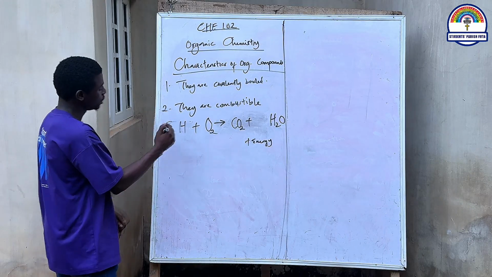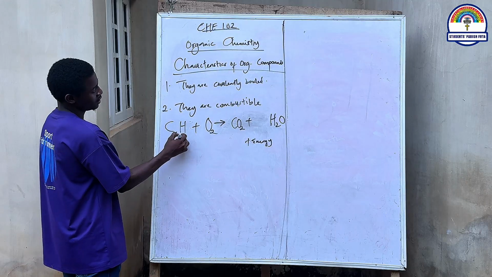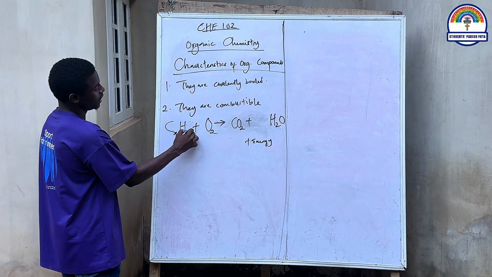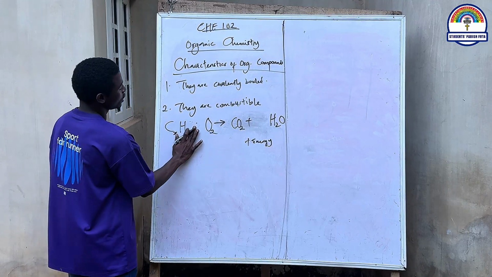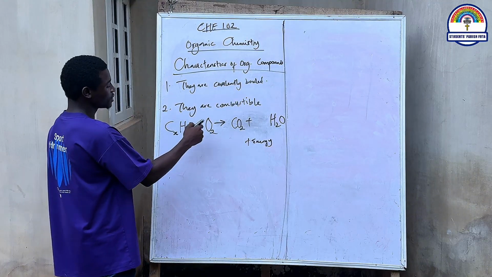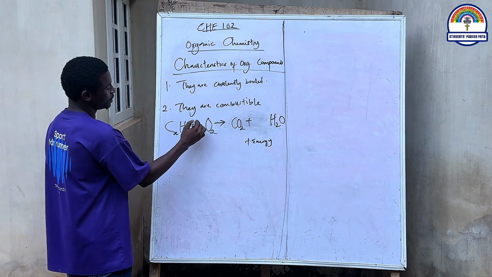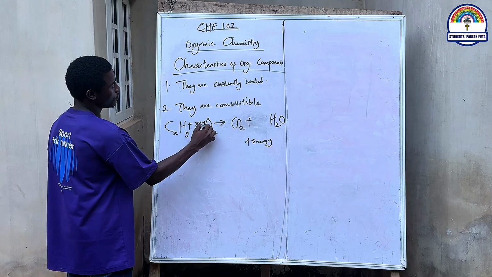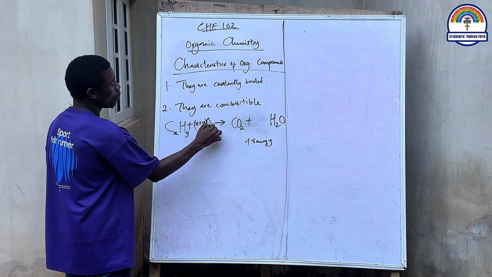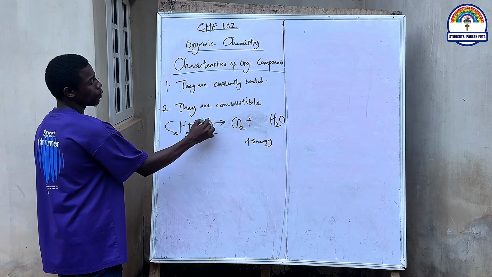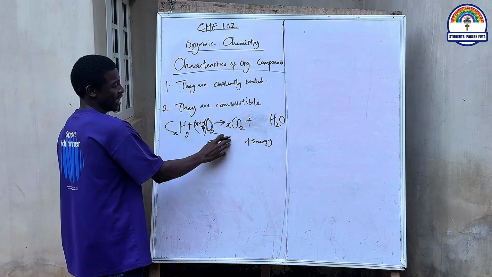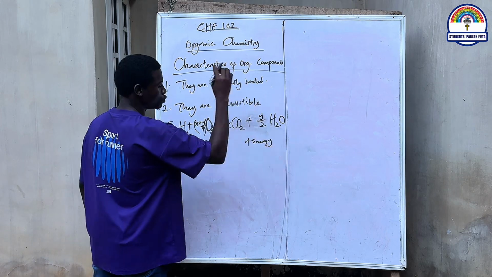But for CH, once they give you the number of C atoms, call it X, and the number of H atoms, call it Y, the number of oxygen needed for this combustion will be X plus Y over 4. The CO2 will be X, and the H2O will be Y over 2.